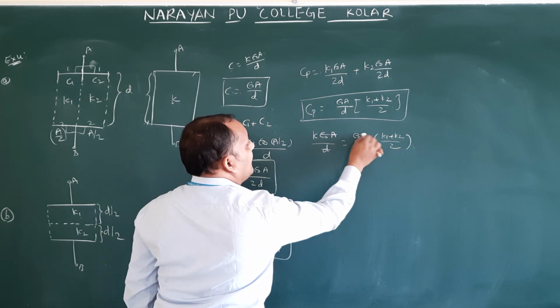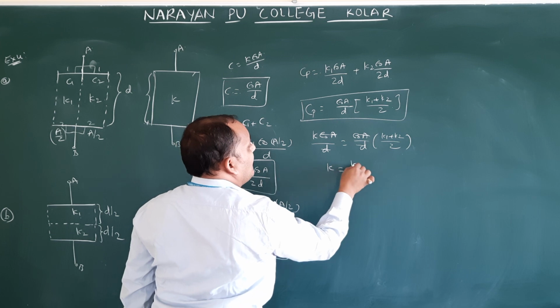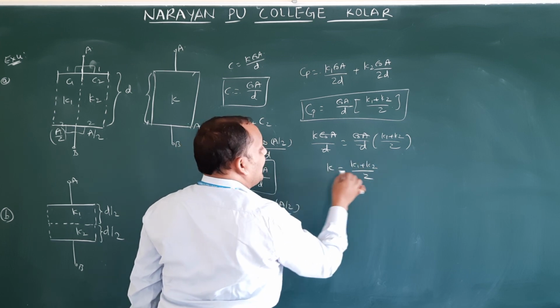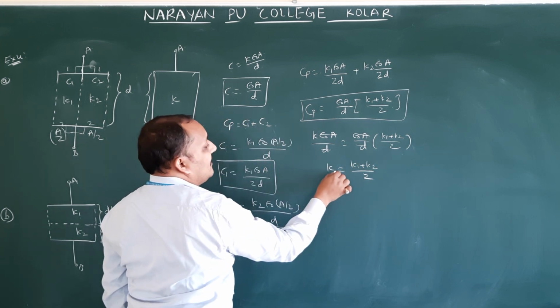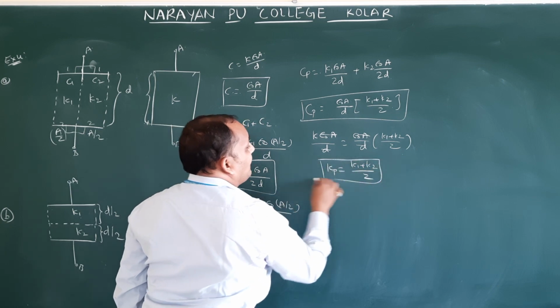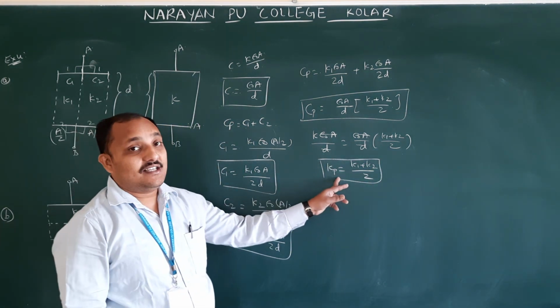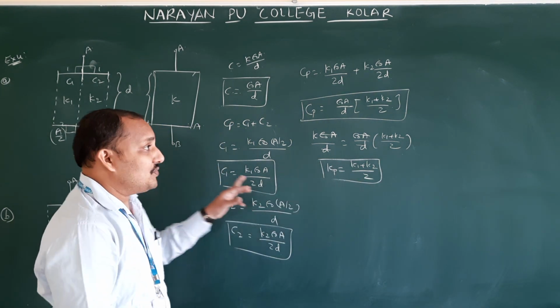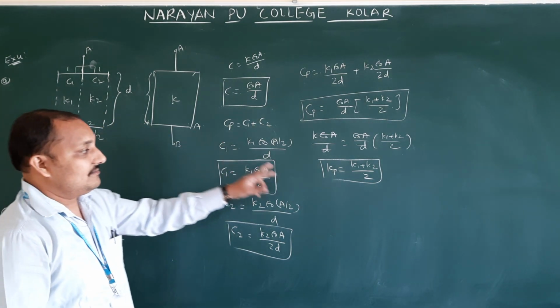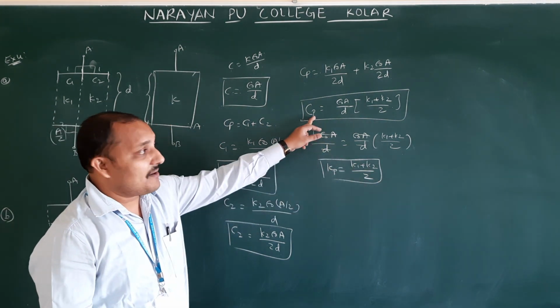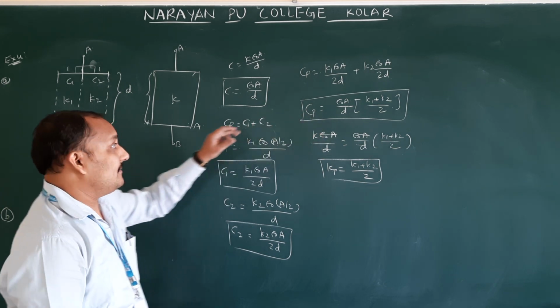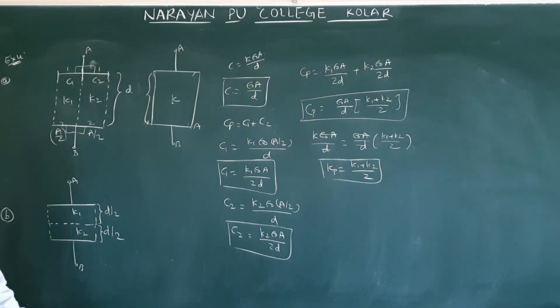Epsilon naught A by d cancels, so K is equal to (K1 plus K2) by 2. These are connected in parallel; in some books they write Kp. So this formula is for the resultant dielectric constant when two dielectrics are connected like this, and the earlier one is the resultant capacity for the given question.